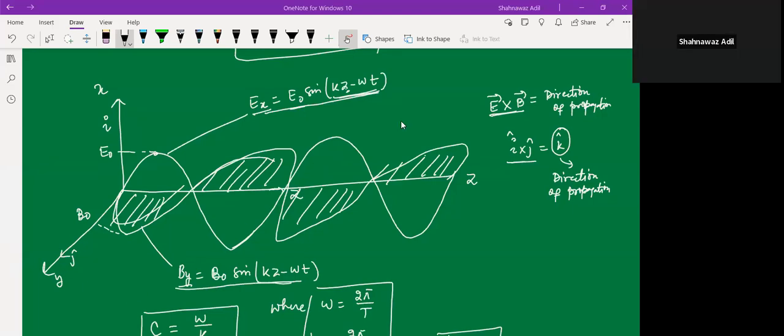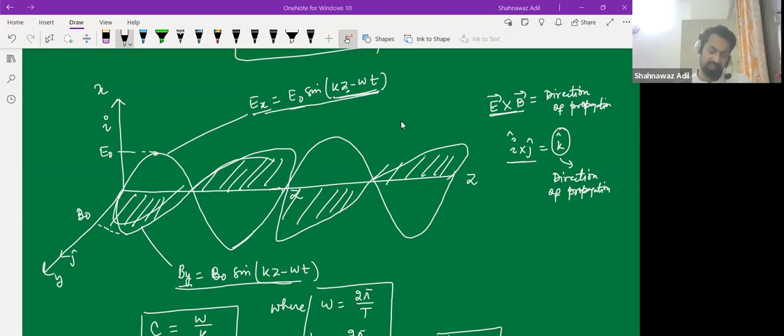Whenever you want me to scroll down, please tell. Only two major things we did in this chapter. One was the Maxwell correction, Maxwell's equations, and the second was the electromagnetic field.